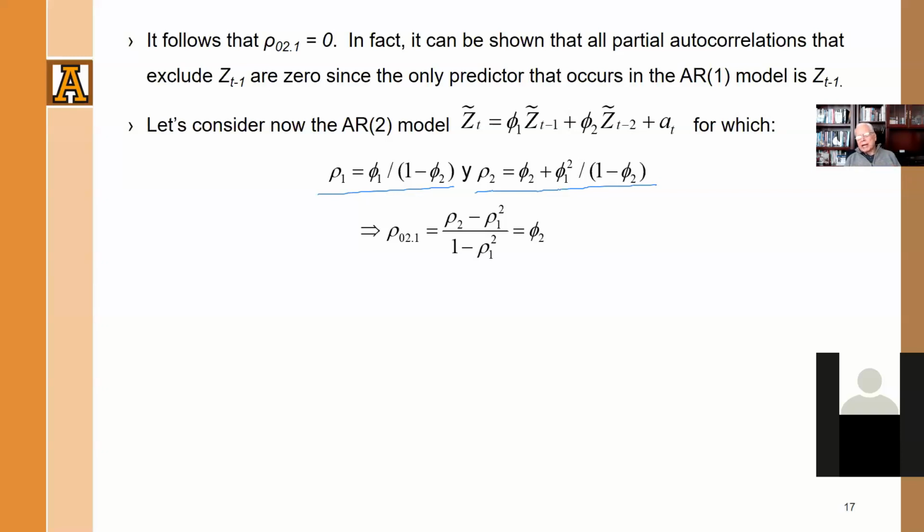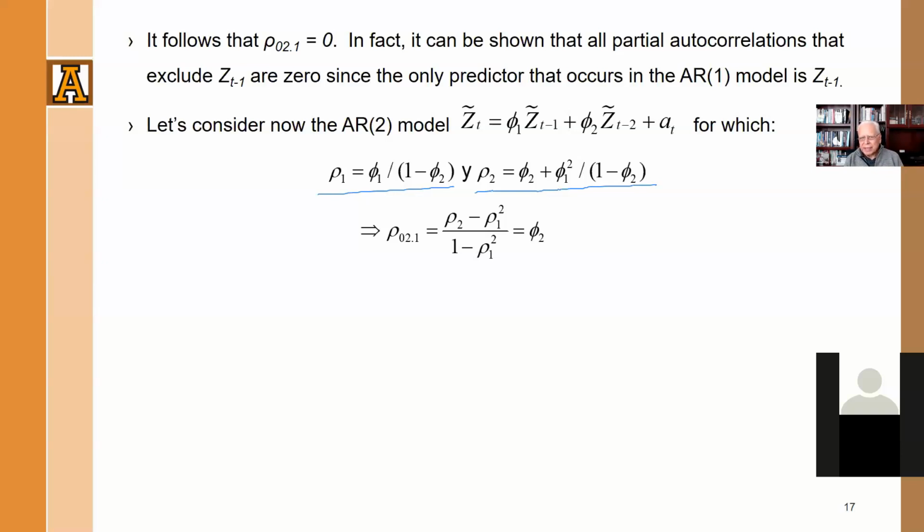That coefficient measures how much Z_t depends on Z_{t-2}, given that I already have Z_{t-1} in the model. So rho_{02.1} is equal to phi_2. If it is in fact an AR(2) model, then phi_2 is different from 0, because otherwise it would be an AR(1) model. So the second partial autocorrelation is different from 0.